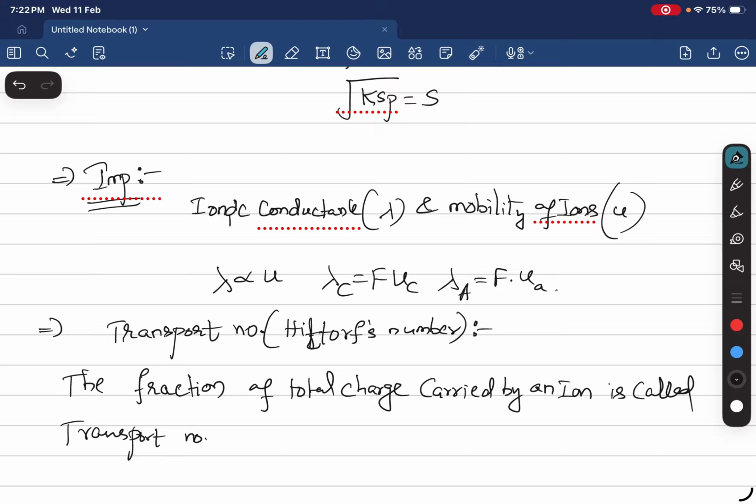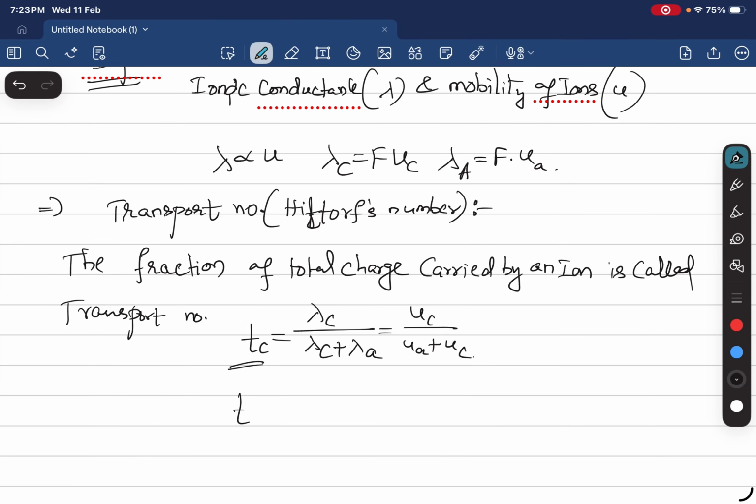So transport number of cation, Tc, equals lambda c by lambda c plus lambda a, which can be written as Uc by Ua plus Uc. This is the transport number for cation. Same way, transport number for anion equals lambda a by lambda c plus lambda a, which equals Ua by Uc plus Ua.